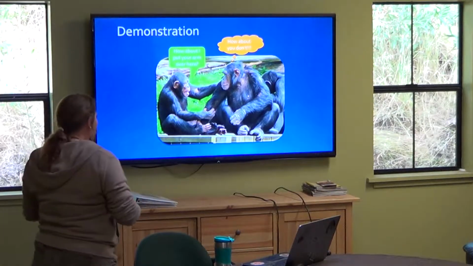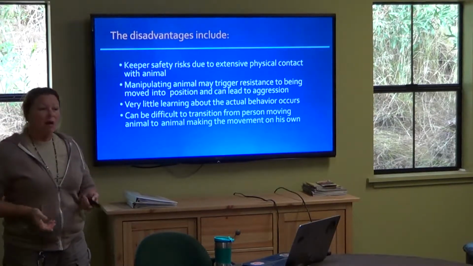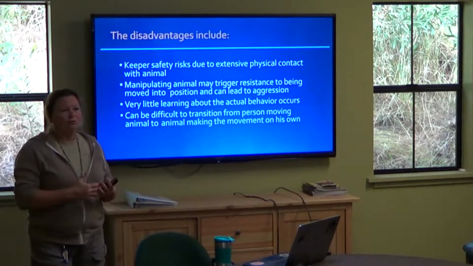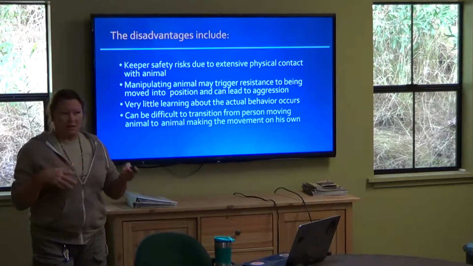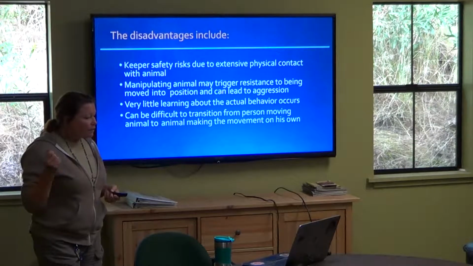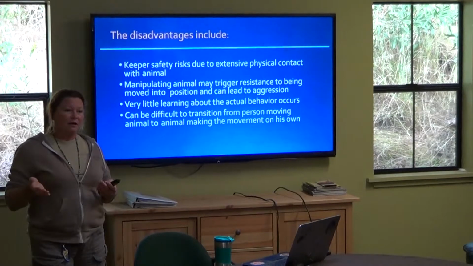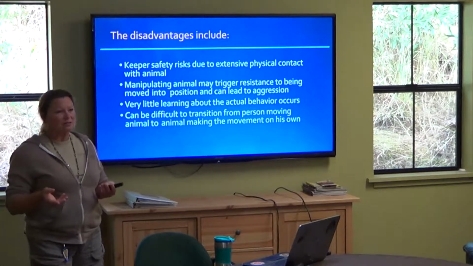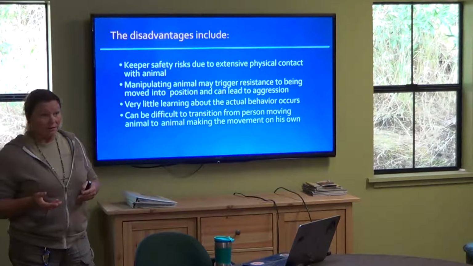I think this is probably the biggest disadvantage of modeling, that it may make the animal uncomfortable if you haven't desensitized them or acclimated them to being handled and manipulated. You may cause the animal to resist and eventually become aggressive if they're not a willing participant in this process. So, those are some of the problems that you may encounter with modeling.